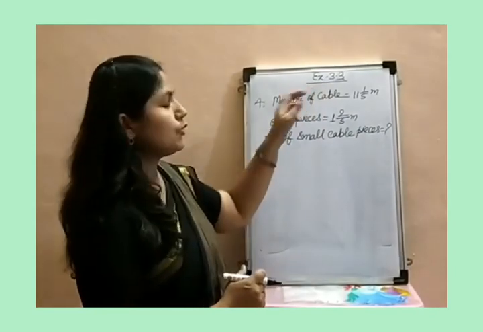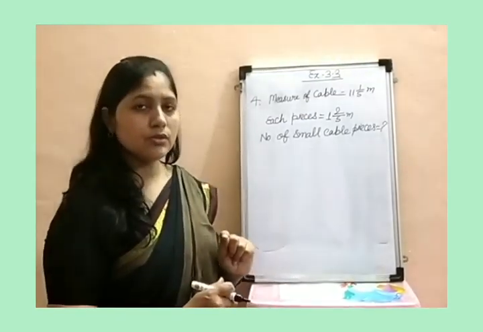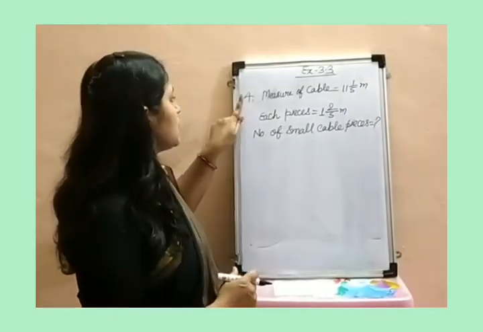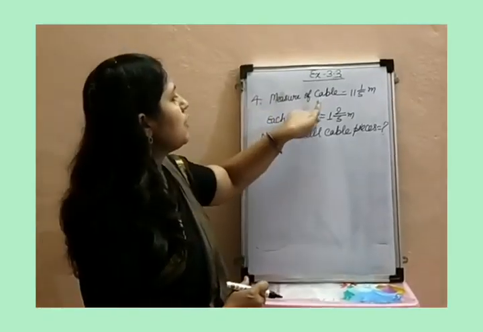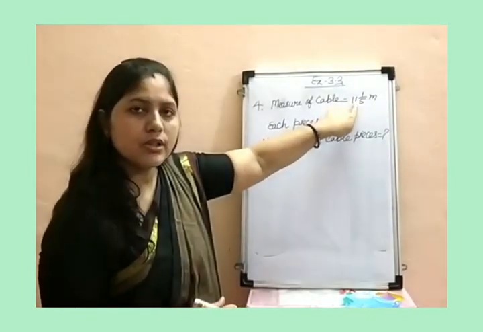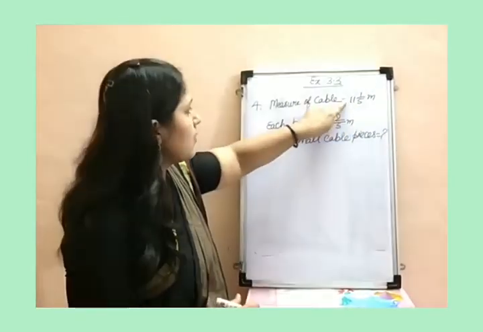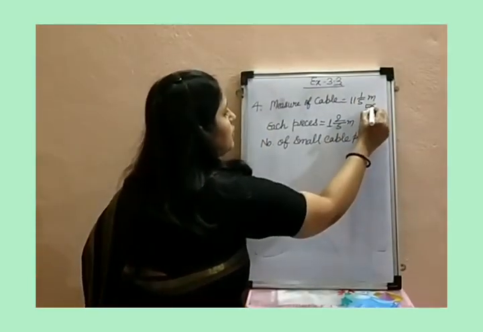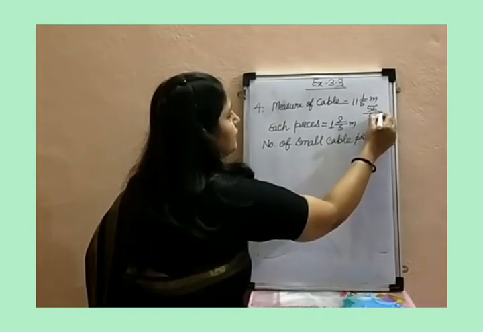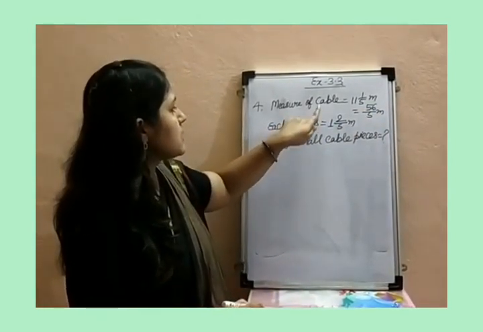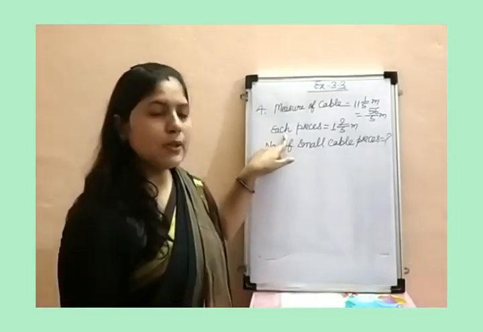From 3.3, question number 3 and question number 6, I am giving you one more question, that is question number 4. The measurement of a cable is 11 1 upon 5. I am going to convert it into improper fraction. 11 5s are 55 and 1, 56 upon 5. And the cable is cut into so many pieces.